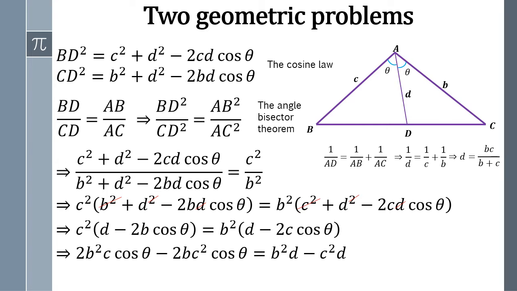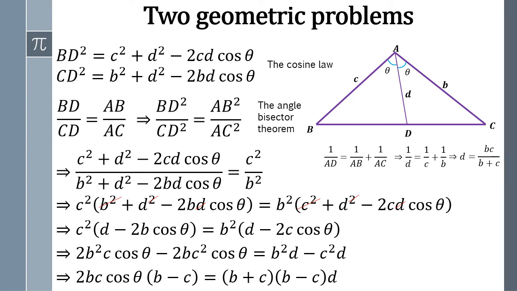It becomes this new format. And I note that both sides can be further factorized. Then it leads to the following equation: 2BC cosine theta times (B minus C) equals (B plus C) times (B minus C) times D.